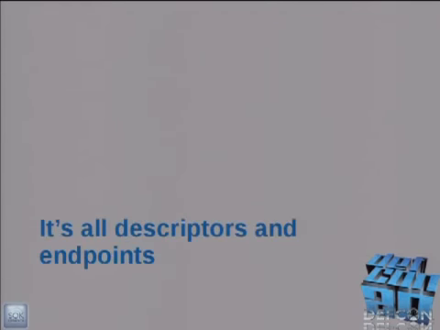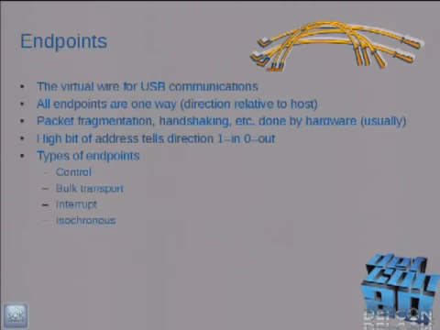So it all comes down to descriptors and endpoints. An endpoint is really a virtual wire or a pipe, if you will. It's a unidirectional virtual pipe. Right? And by the way, the endpoints have a direction, and the direction is measured relative to the host.